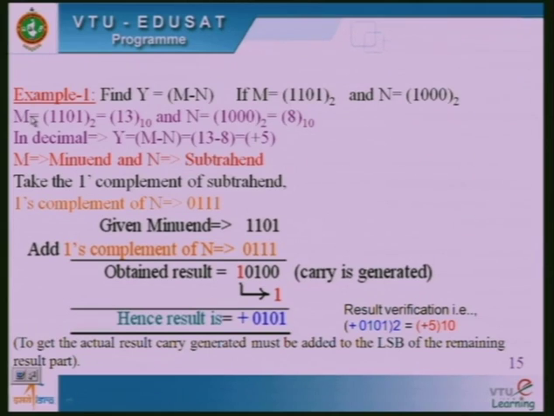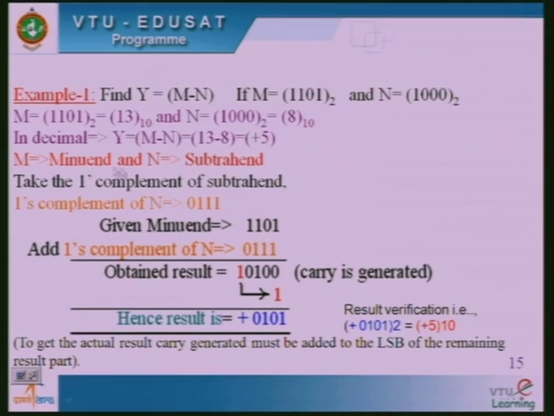M, 1101 binary, can be rewritten as 13 base 10, and n can be rewritten as 8 base 10. So in decimal, if we carry out the operation m minus n, then it is 13 minus 8, which is equal to plus 5. Now, let us see whether we get the same thing with our binary operation.